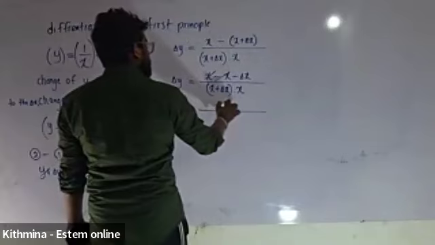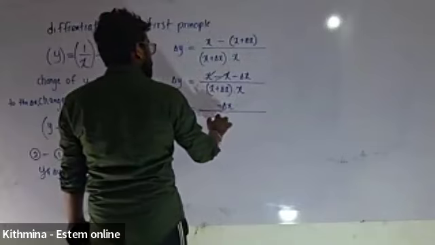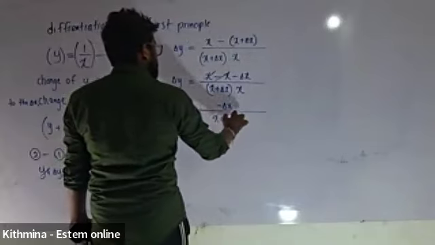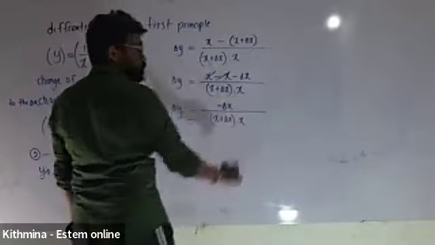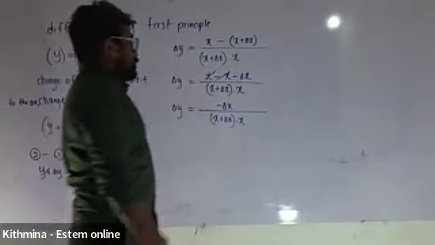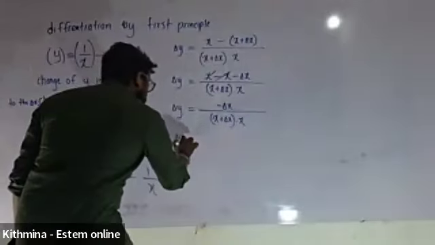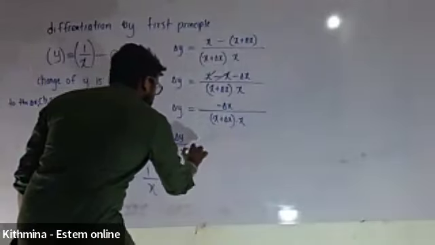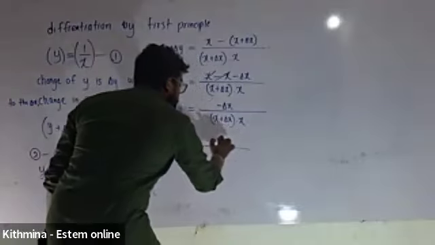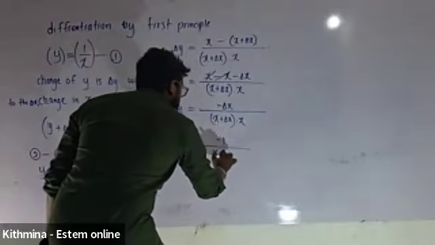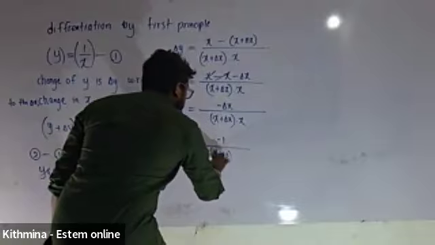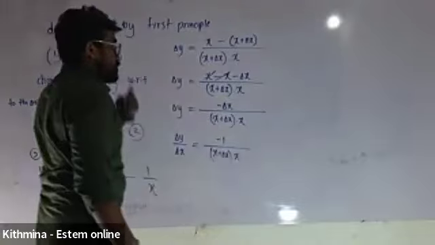The minus delta x is remaining, over x plus delta x times x. Then we always take delta y over delta x. That's the thing. Delta y over delta x equals minus 1 over x plus delta x times x.